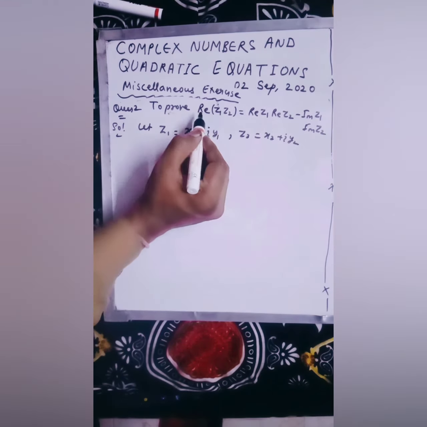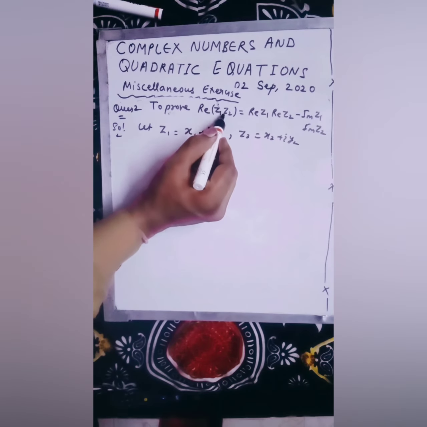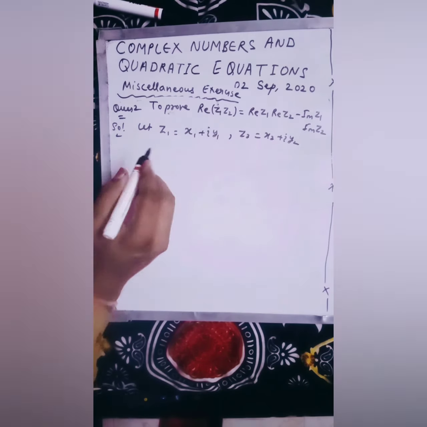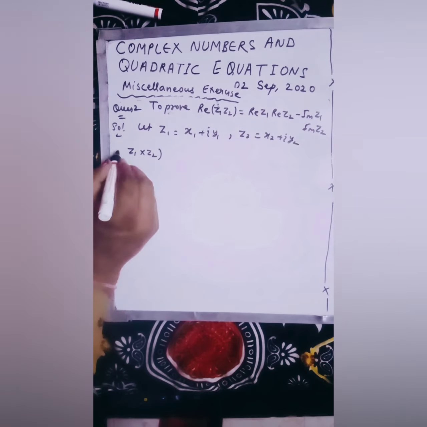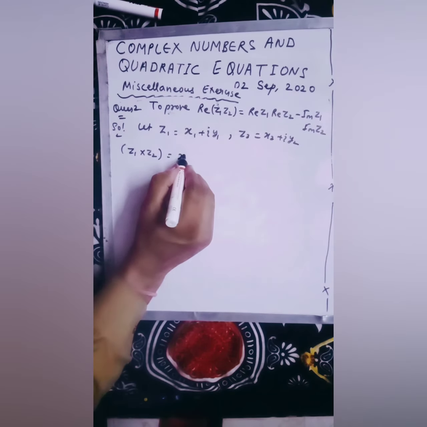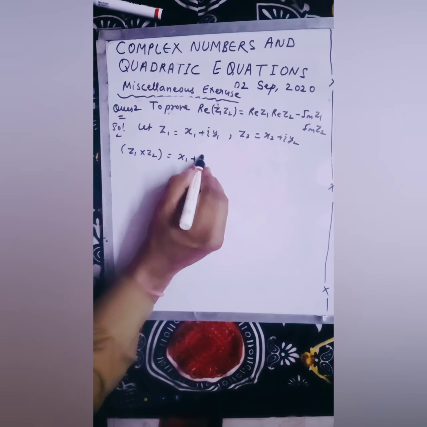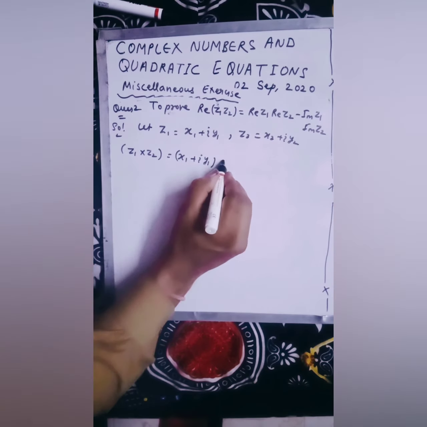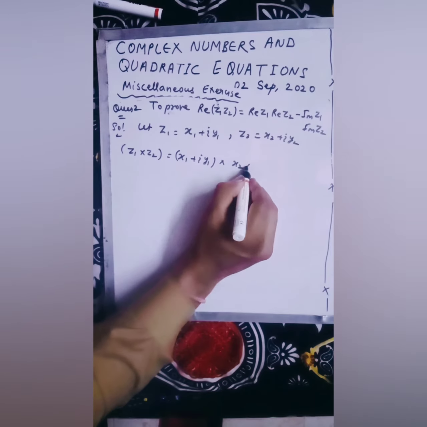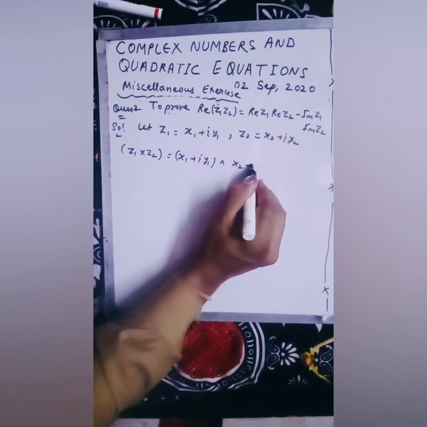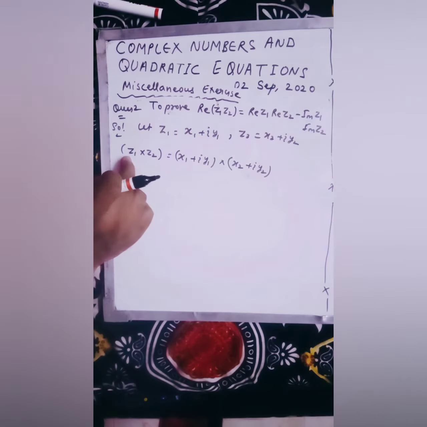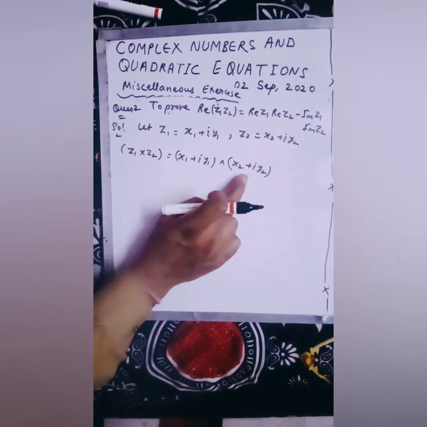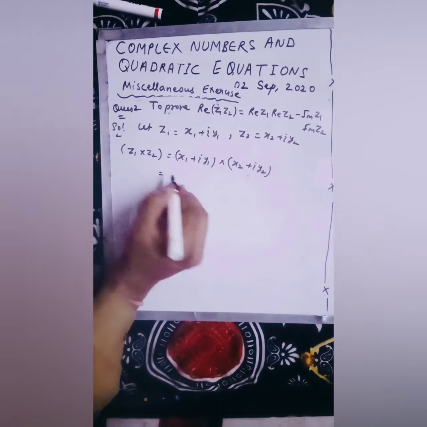Now as you can see here, z1 and z2 are multiplying, so you have to multiply these two. So z1 into z2: you put the values, (x1 plus iota y1) multiplied by (x2 plus iota y2). This is the value of z1 and this is the value of z2. Now you have to simplify this.